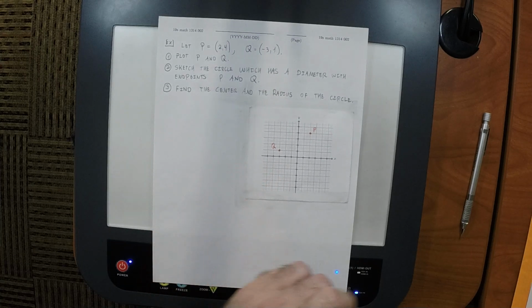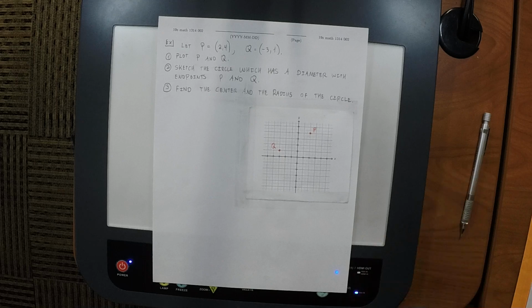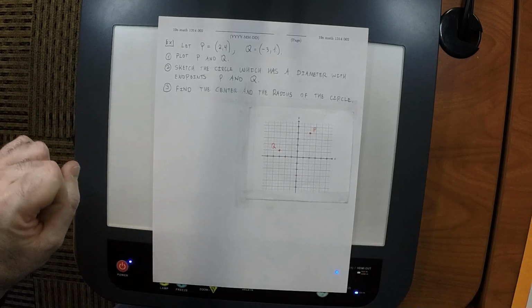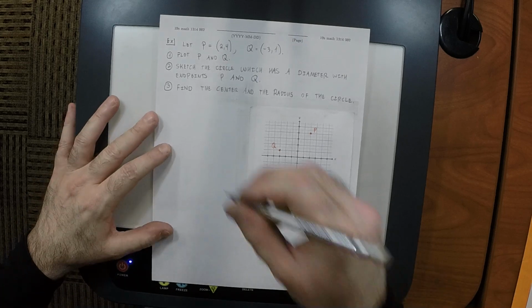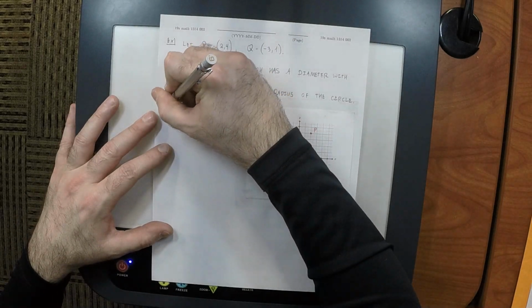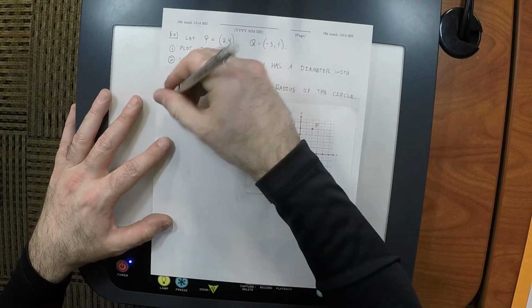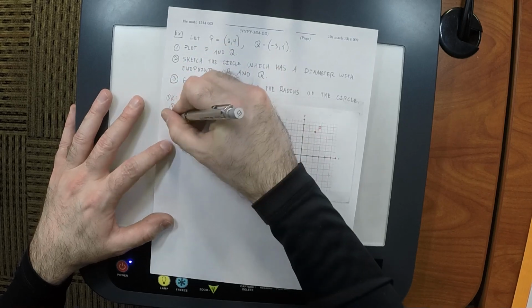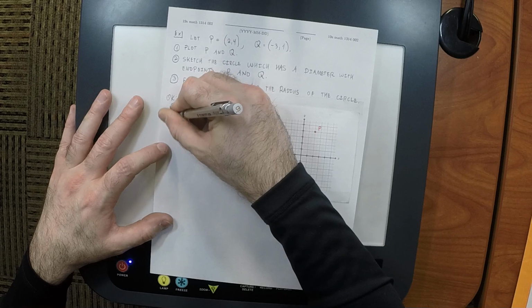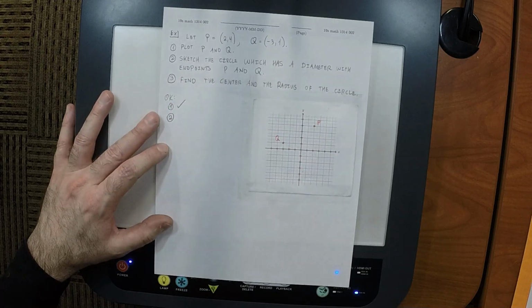All right. So part 2 kind of requires a little bit of explanation. For part 1, we just did that. For part 2, you've got to understand a little bit of the language here.